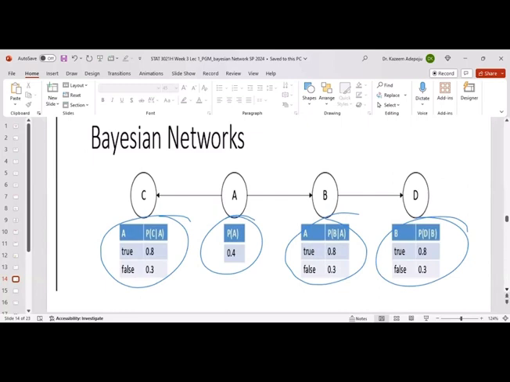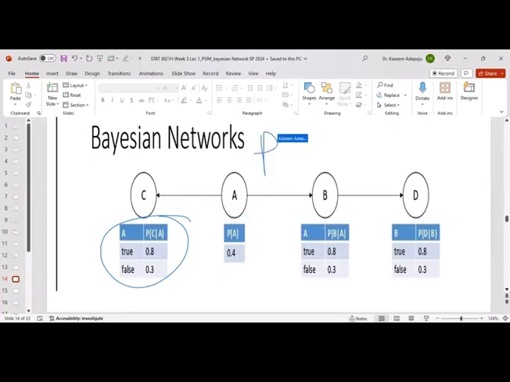So you already know the frequency associated with a particular node, and the question we were trying to solve is we want to figure out the probability of D given A.